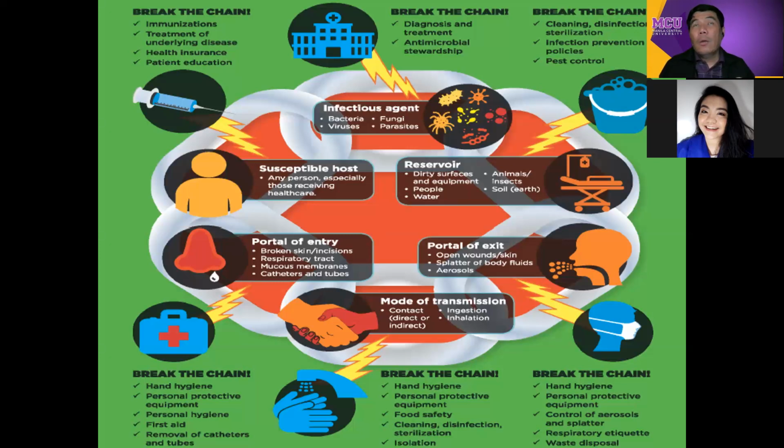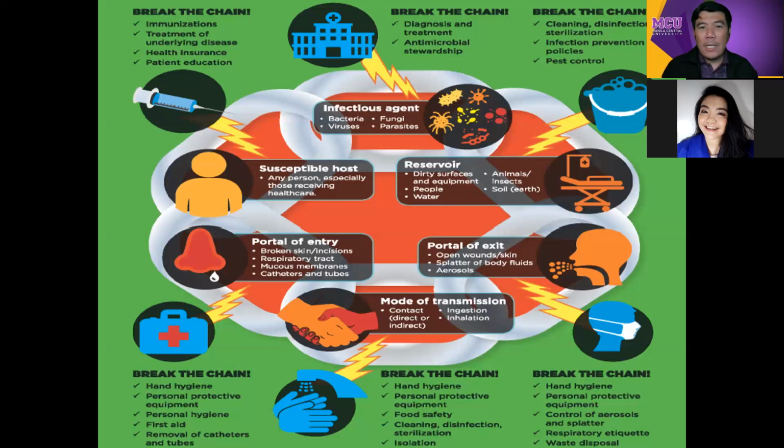Now, whenever you are already high risk and you have concluded that you are confirmed to have been exposed to close contacts, and at the same time you have utilized the kanyang mga things which may have direct contact sa'yo. So what could be the chain or breaking the chain? So still with the hand hygiene, still with the personal protective equipment, and usually this can consider also first aid.